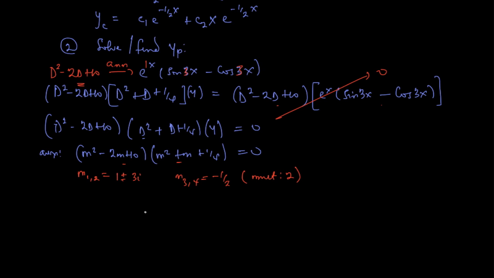Based on this result, we could have our solution to be y equals, since we have 1 plus or minus 3i, this is my alpha, this is my beta, so we have e to the power alpha x, which is x, into c1 cosine of 3x plus c2 sine of 3x. You shouldn't forget to put your arbitrary constants there. Then plus c3 e to the power minus half x plus c4 x e to the power minus half x.